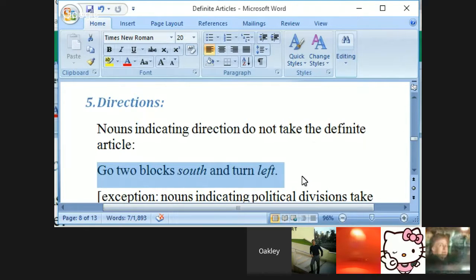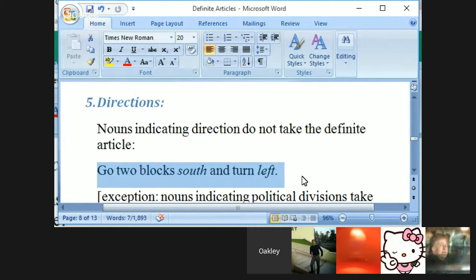The south or something. Yeah, anything. Okay. Well, how would you give directions to, say, your nearest bank? My house is at the south of the street, no?